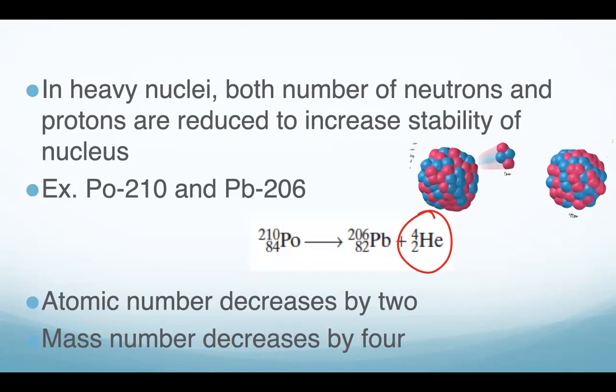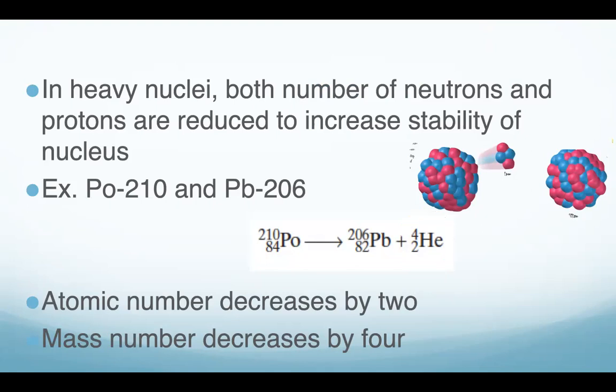If you remember from the last lesson on nuclear reactions, the law of conservation of mass still applies. So everything on the left-hand side has to equal everything on the right-hand side. This is going to be a key part of filling in the blanks for nuclear reactions.